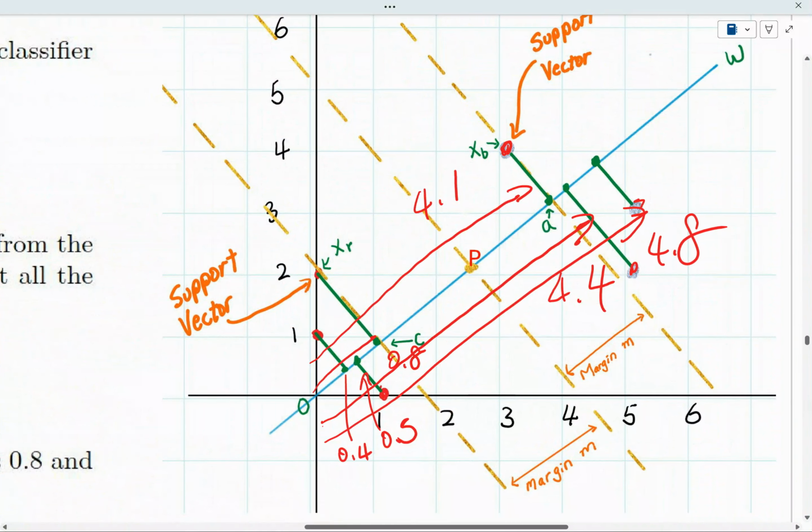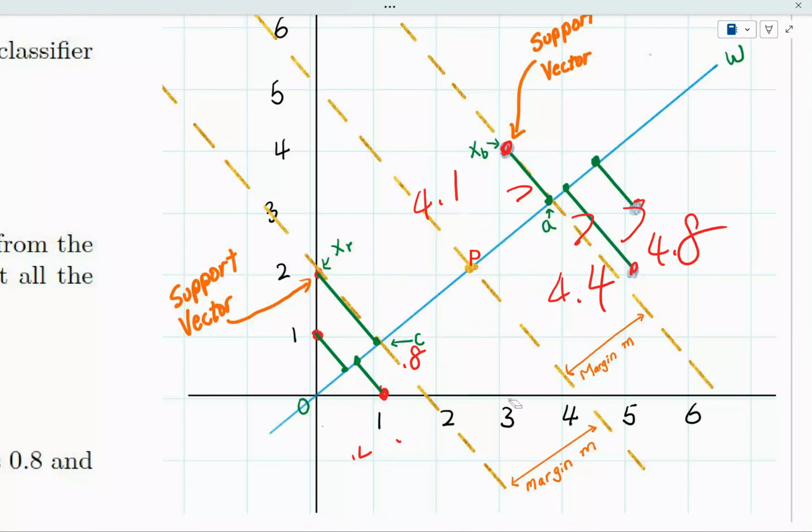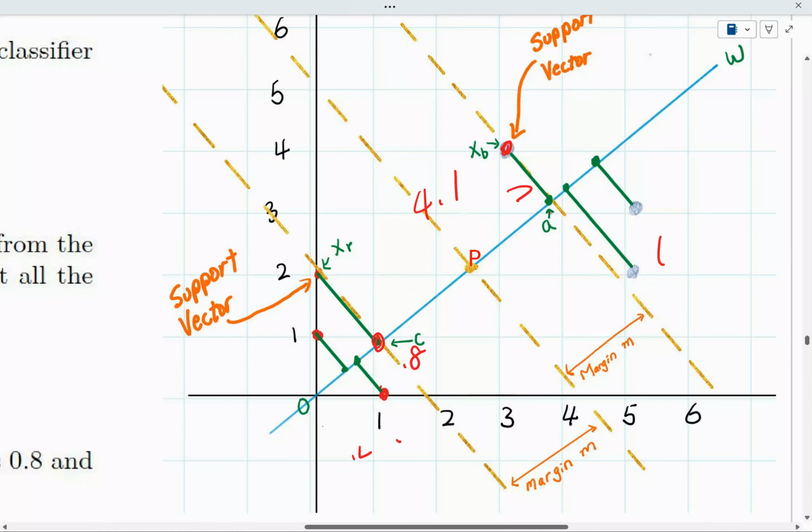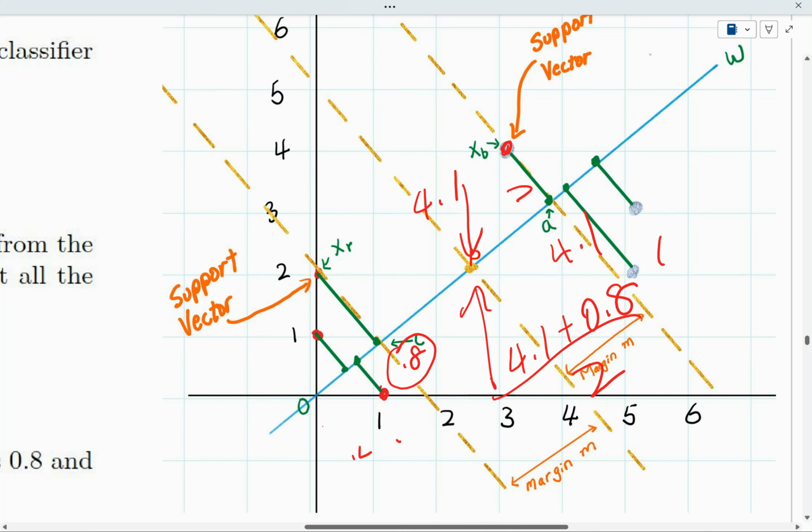So if we know all the distances, then we also know the center point. The center point must be somewhere between 0.8 and 4.1. In fact, if you just do 4.1 plus 0.8 divided by 2, that will give you the center point, and that center point is your b.